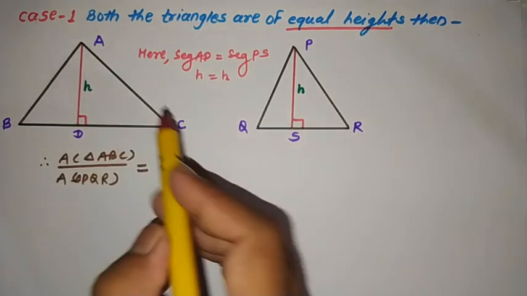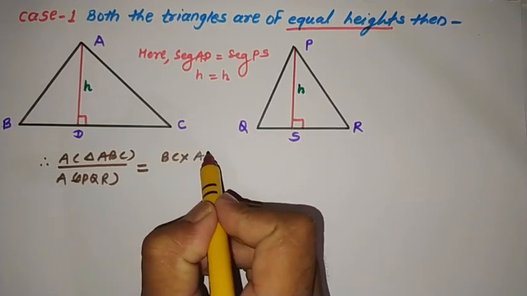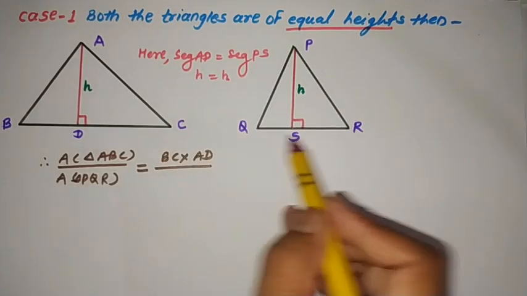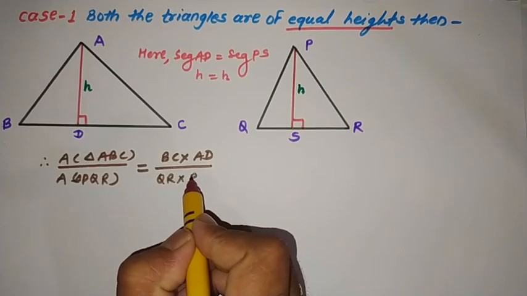Here the first triangle base is BC and height is AD, and second triangle base is QR and height is PS.